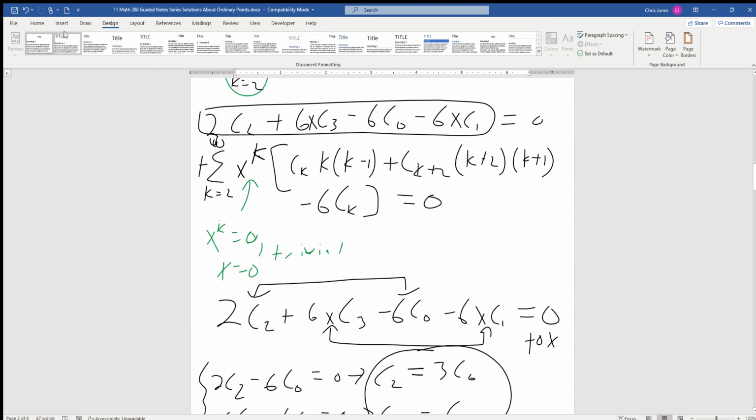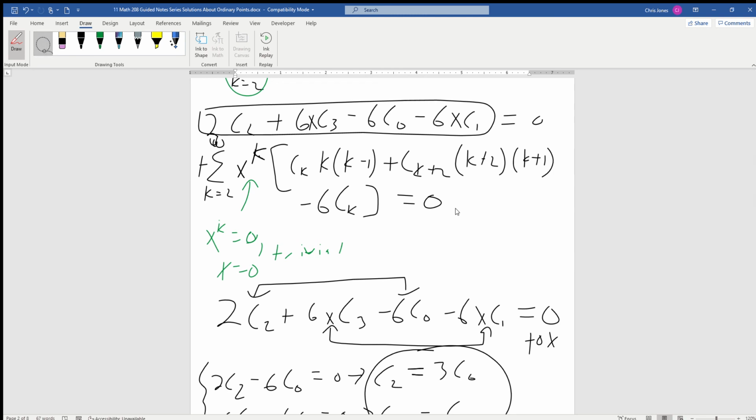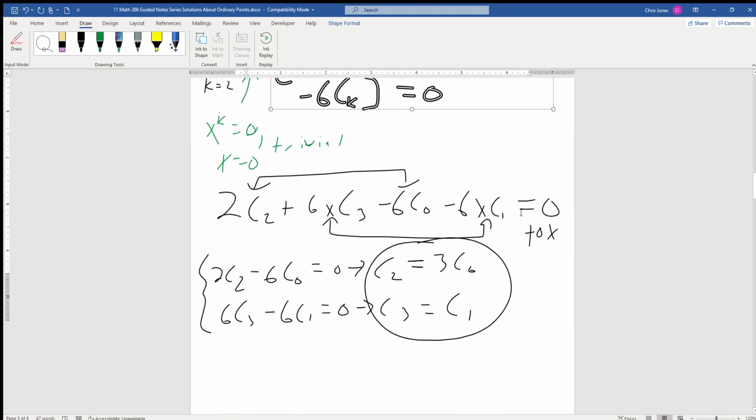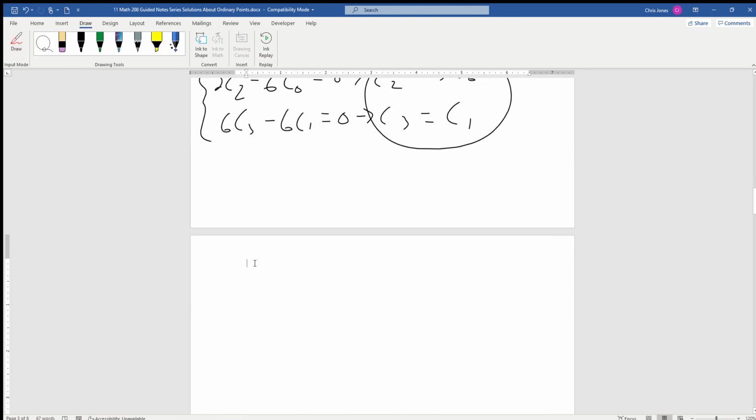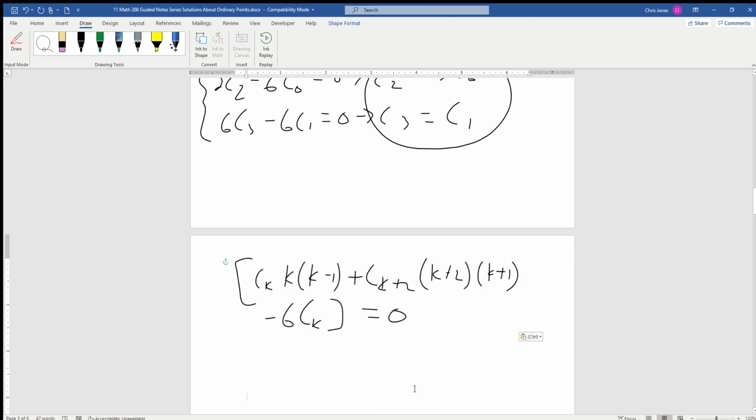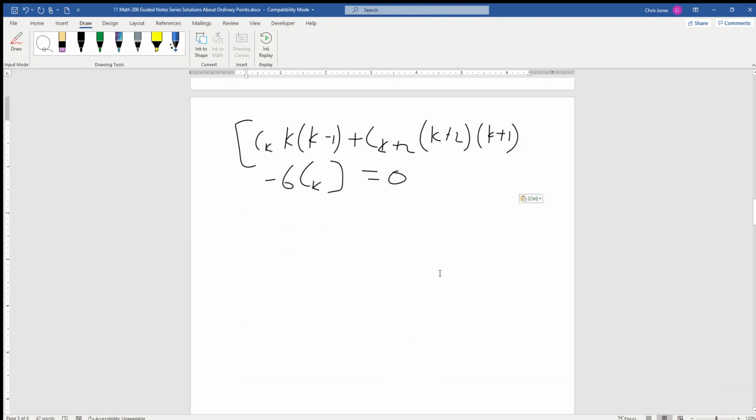So we're just going to take all of this, and I'm going to copy it because we need all this. And what we can do is try to solve that for c sub k plus 2. So what I'm going to do is add 6 c sub k and subtract k minus 1 from both sides for the ck.